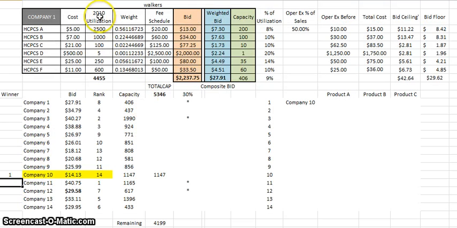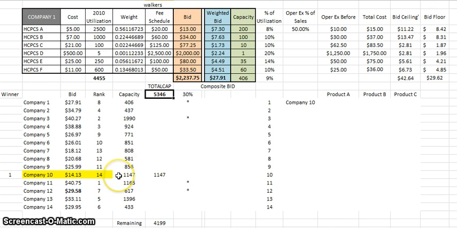What they're going to do is look at the 2010 total utilization numbers, in this case 4,455, and they're going to add 20% to that and come up with the total capacity needed to fill, in this case 5,346 units. So when they get that first winner, in this case company 10, they're going to look at how many units company 10 said that they could furnish for this product category.